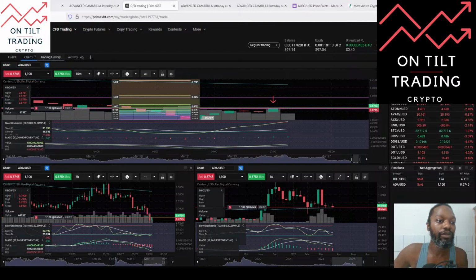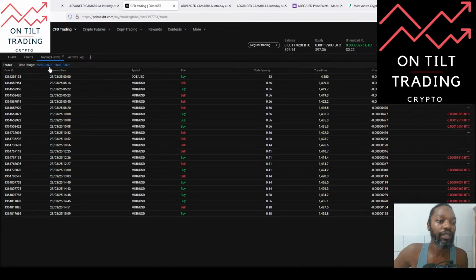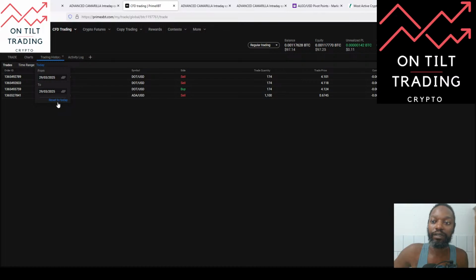And we'll go to my trading history here. And we can see today's trading history. So here's my first position in Polkadot at 506, my second position in Polkadot, and I exited my first position just to get a better price.